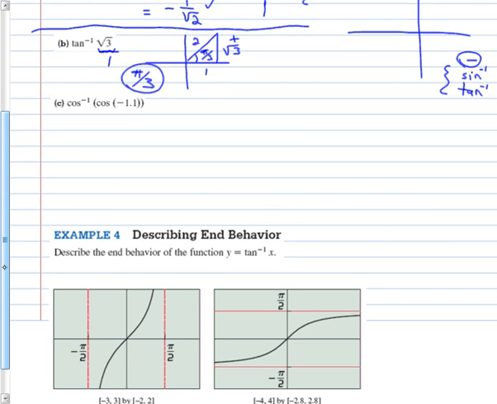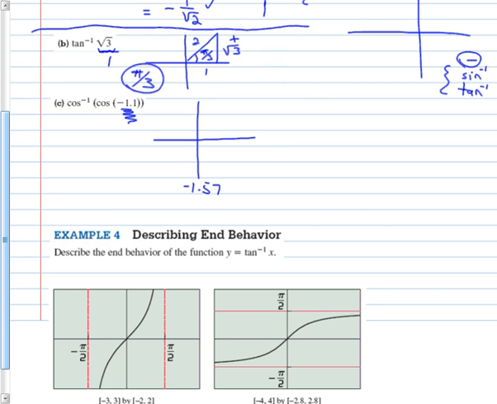Now they're going to pull our double reverses. The inverse cosine of the cosine of negative 1.1. Well, the answer is just this, as long as that is in the right quadrant. Now that's negative 1.1 radians. Remember, this is negative 1.57 radians, because pi over 2 is 1.57.